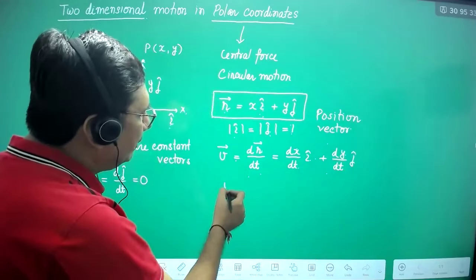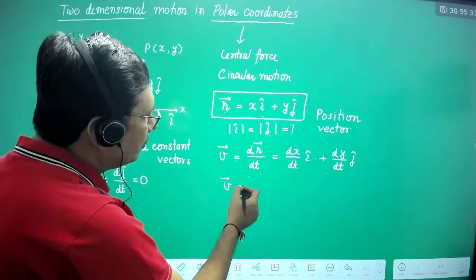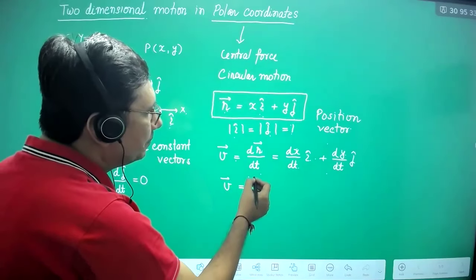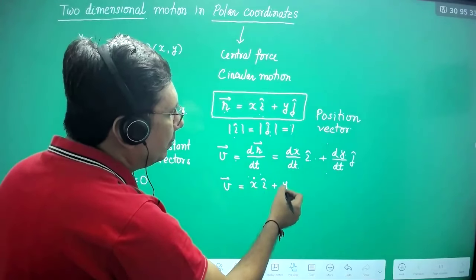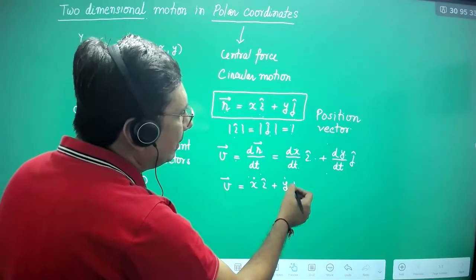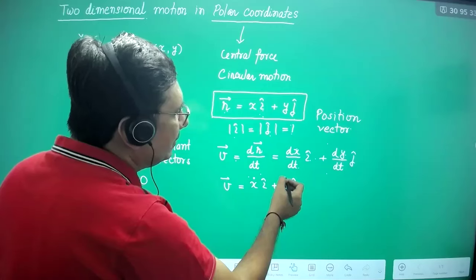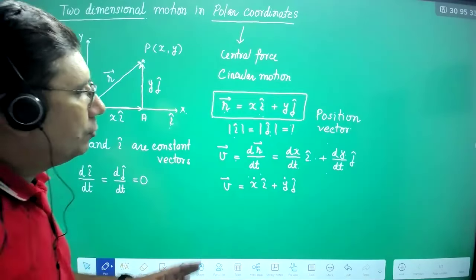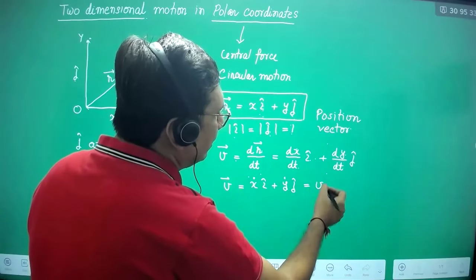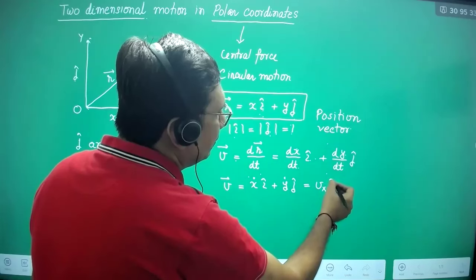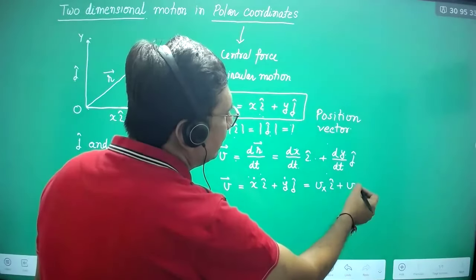You can write this v vector as x dot i cap plus y dot j cap, or you can write it as vx i cap plus vy j cap.